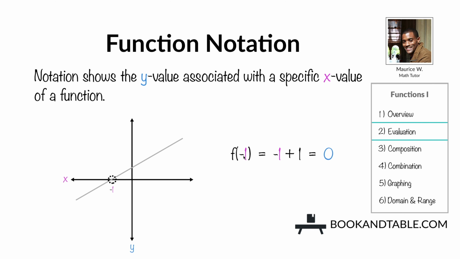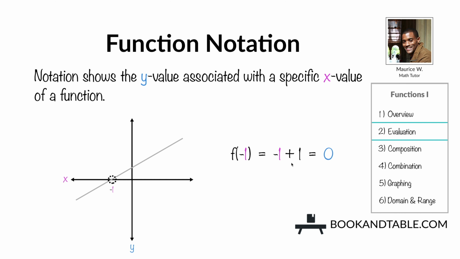So let's say we plugged in -1 for x for this expression. That means the function has a value of 0 along the x-axis where x is equal to -1. So you go to -1 along the x-axis, and the function has a y value of 0. And this can be expected since the function had the expression x plus 1.